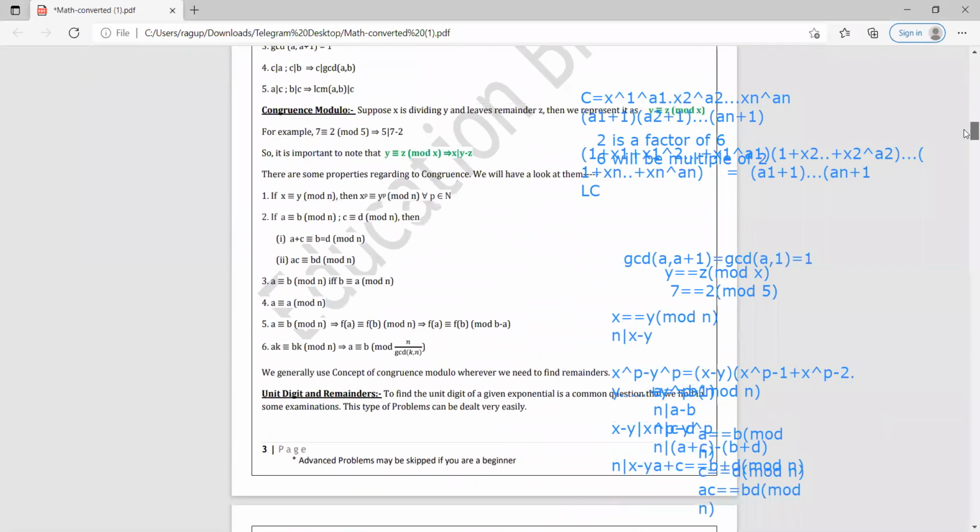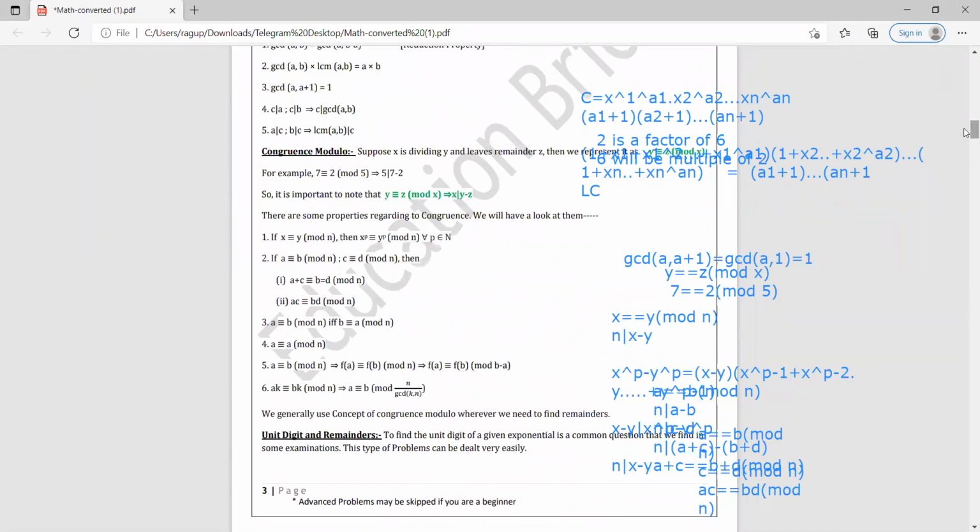And now you'll notice that we have done so many things like this and proved these properties in congruence modulo. But why do we need these symbols and systems to do this? We can directly write that n divides A minus B. So congruence modulo has a very good application in number theory, which is used to solve Diophantine equations, and to get unit digits and remainders, and it is vastly used.